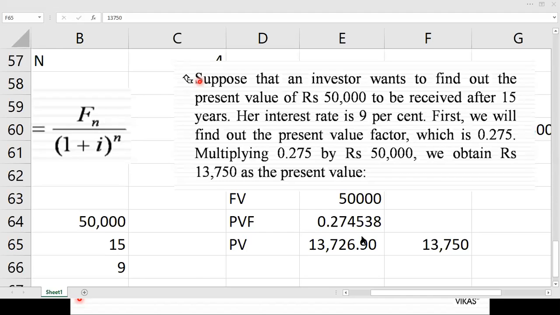I think it's the decimal places, rounding error, sir. Yeah, rounding. So for exam purposes, you round it to a maximum of 3 or 4 decimals. Here we have taken 6 decimals. So that's the reason for this difference. Anyhow, both answers are correct. Any questions?